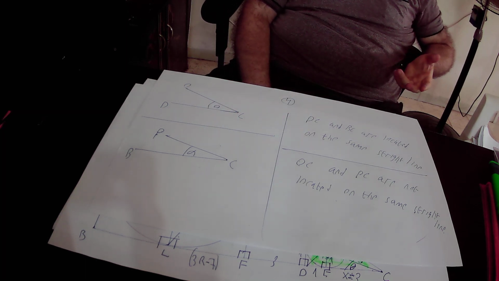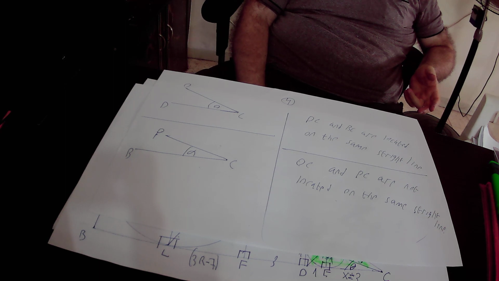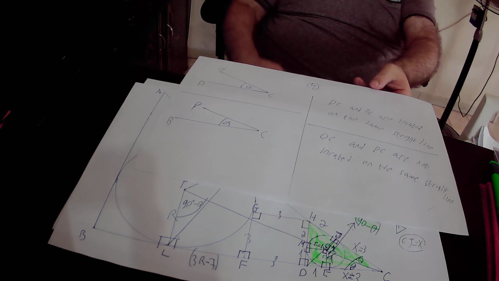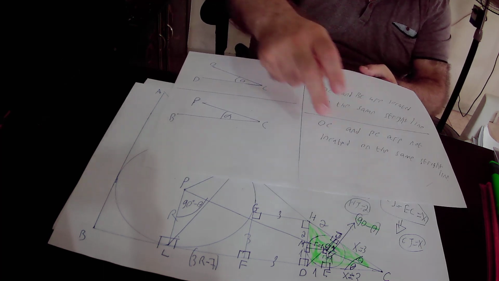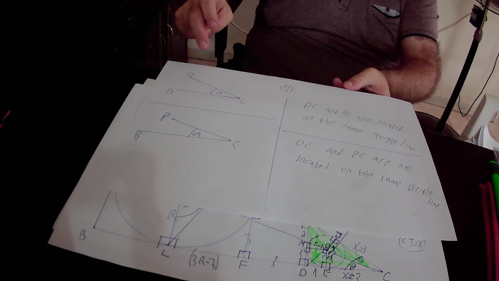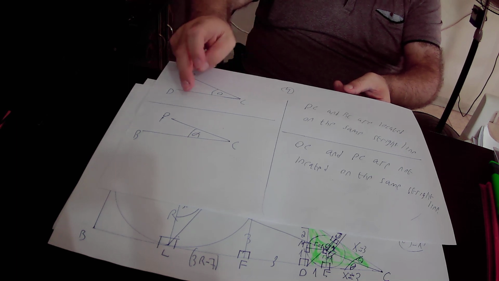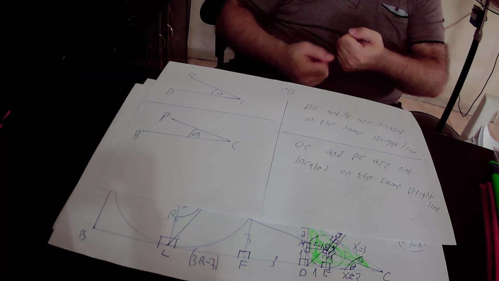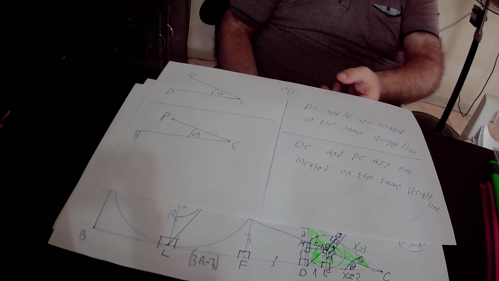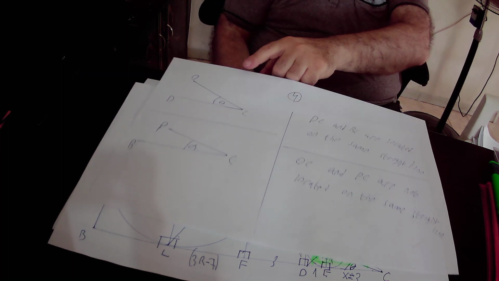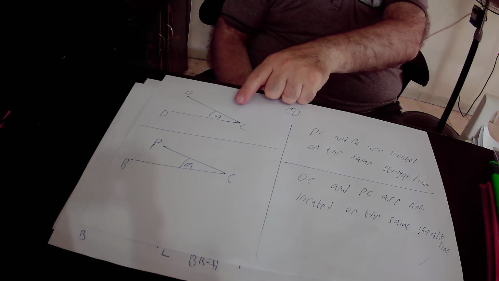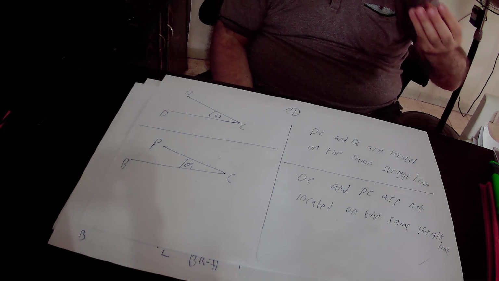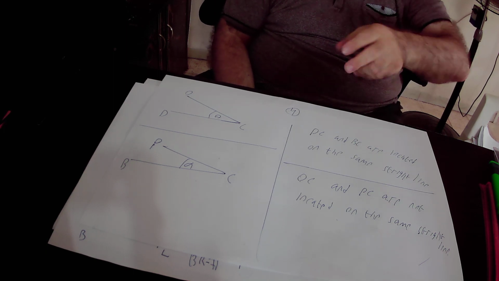So we actually found out that angle C has two different angle bisectors, OC and PC, and they bisect angle C into two different halves. While angle bisector OC bisects angle C into theta and theta, angle bisector PC bisects angle C into alpha and alpha, and that is impossible. Why?